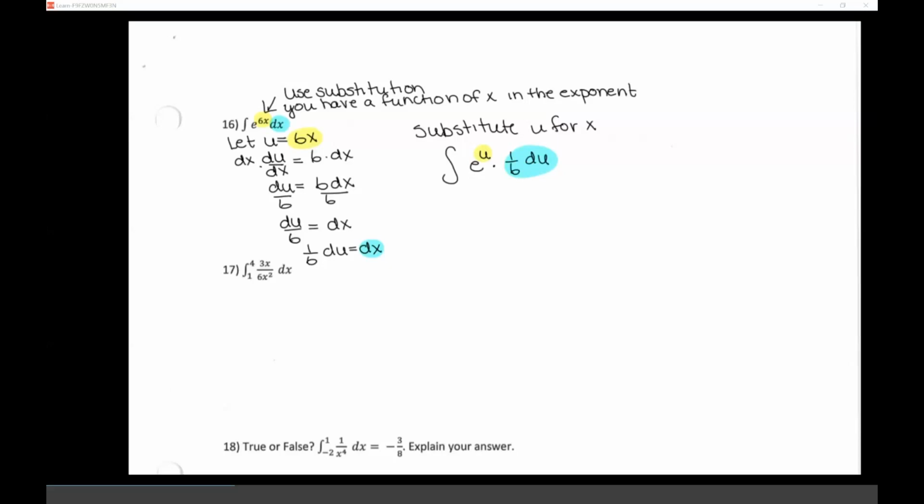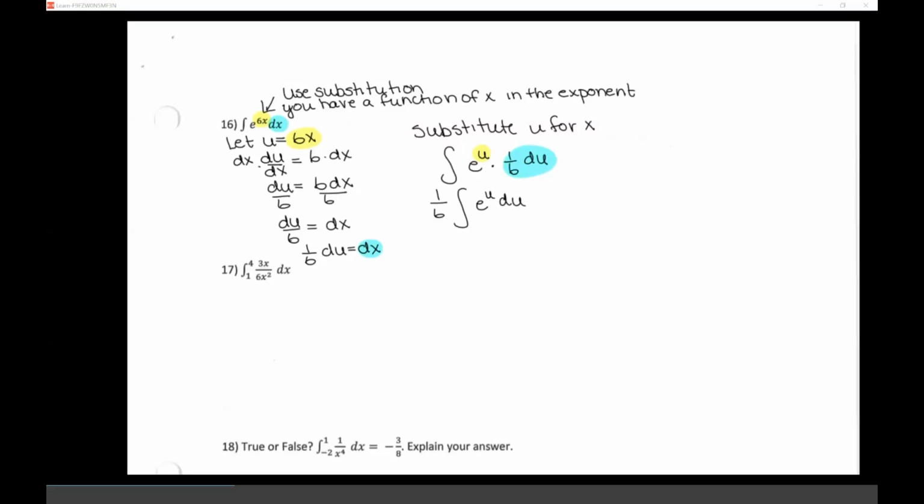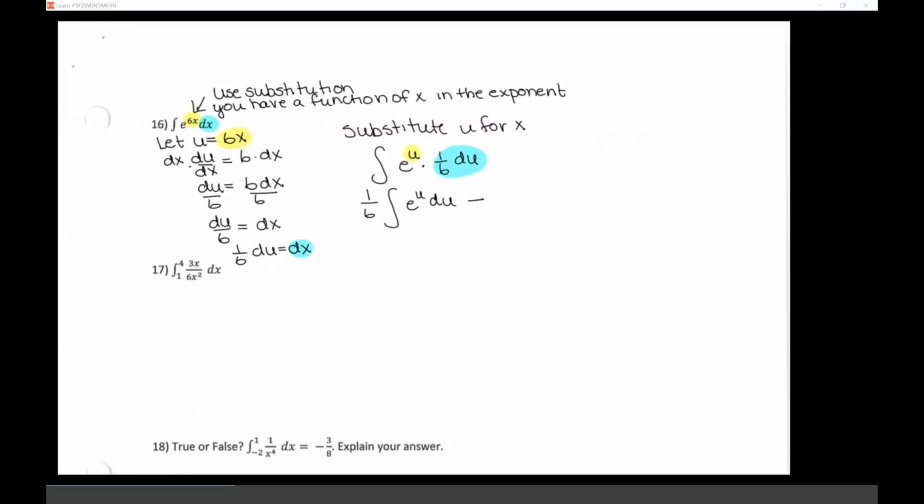Now everything's multiplied, so I'm going to pull the 1/6 through the integration, and I just get e to the u du. And the integral of that is, guess what? e to the u, without the du, sorry.